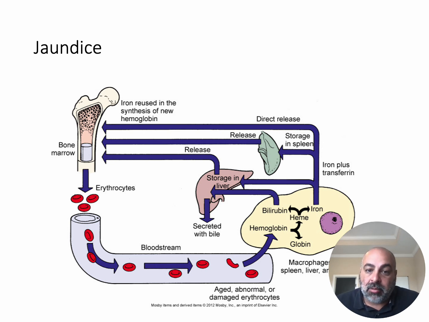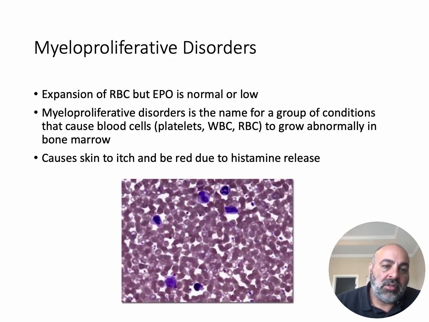It can cause brain damage, for example. So we need to deal with it. We need to get that process corrected if possible. And it also causes itching, so it's not a fun process.